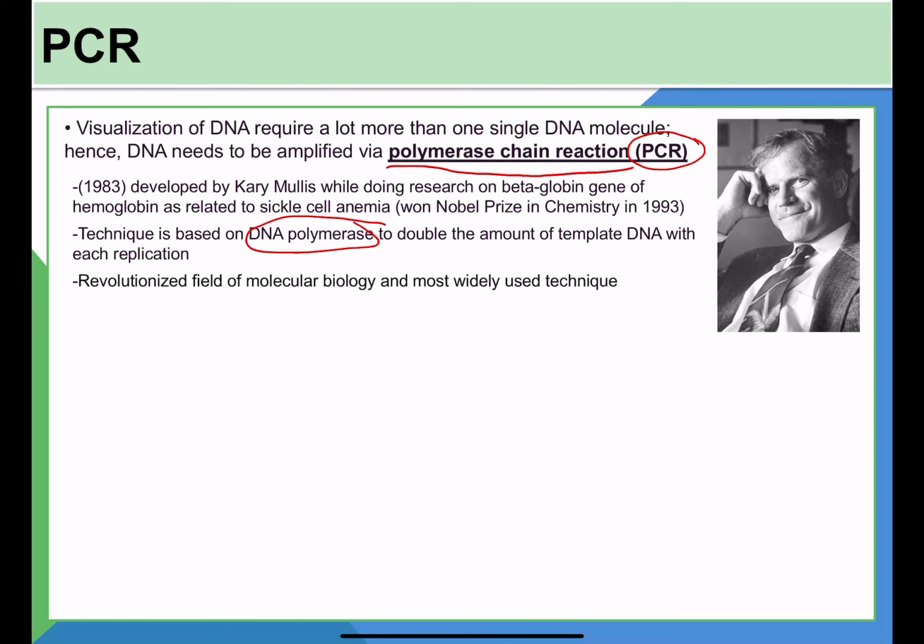With those few molecules of DNA we pick up from the crime scene, we probably can never visualize that as a readout. But if we can copy that one single piece of DNA over and over again with high fidelity and high efficiency, like a copy machine, then we can amplify the signal and be able to see it as a DNA band on a gel. And that's what the PCR does, okay?